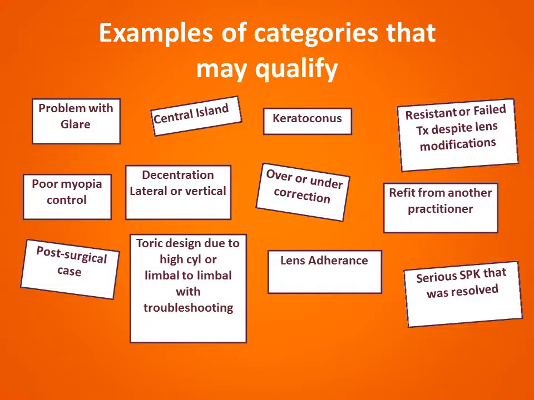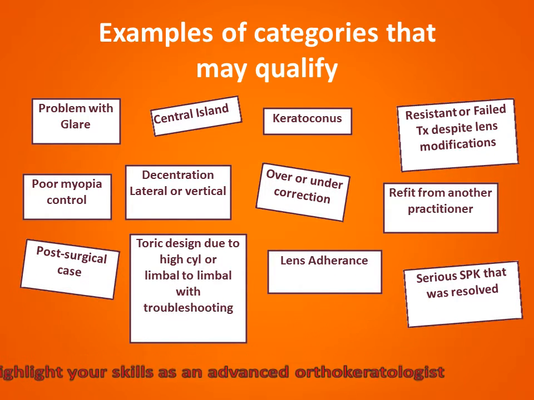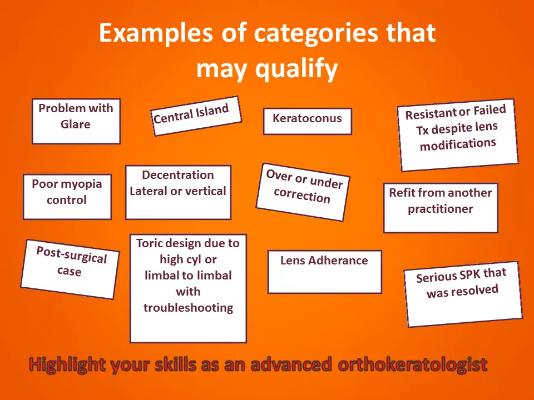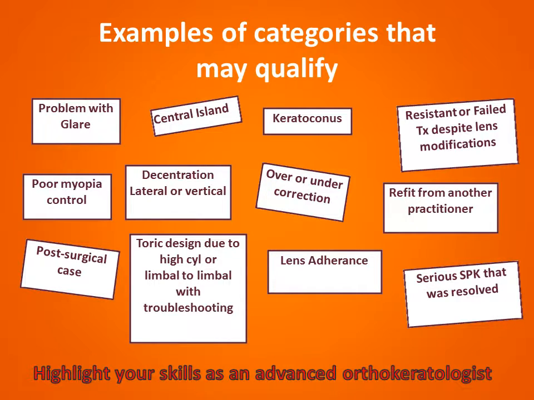For example, we'd be looking at something like poor myopia control, which of course you wouldn't know for many, many months, but then you discover it is poorly controlled, and then you make the designs. Your case will have to go over the period of at least a year to show that you have better control of the myopia.